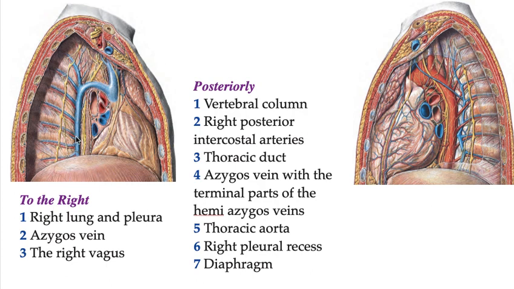Then to the right, we have the right lung and pleura, the azygos vein, and the right vagus. Posteriorly, we have the vertebral column, the right posterior intercostal arteries, the thoracic duct, the azygos vein with the terminal parts of the hemiazygos veins, the thoracic aorta, the right pleural recess, and the diaphragm.